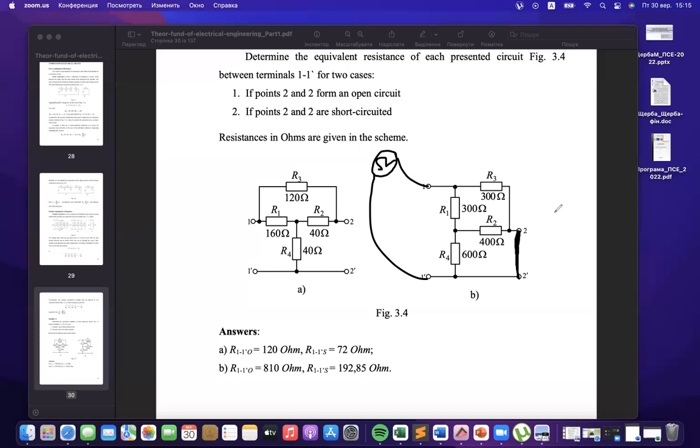Okay, let's continue. Then, I thought about it. It's very easy. Basically, we will add 300 and 300. It will become 600. And then we will multiply 600 by 400 and divide them by 1000.